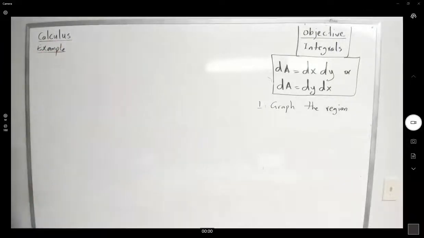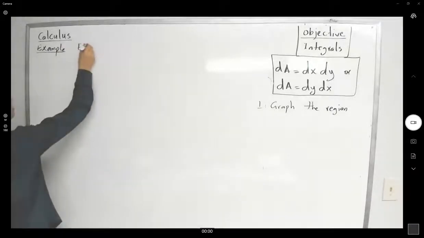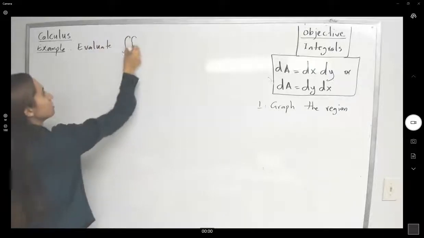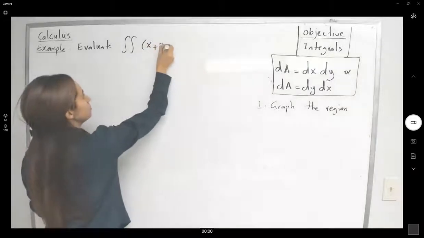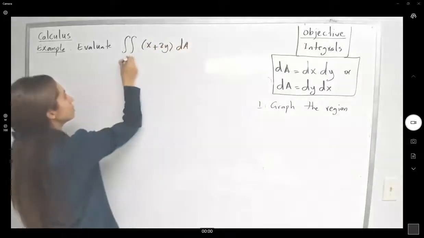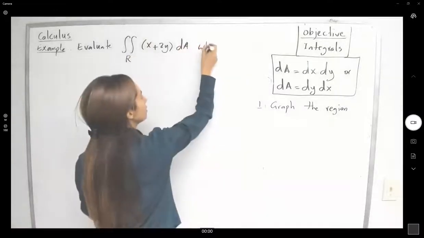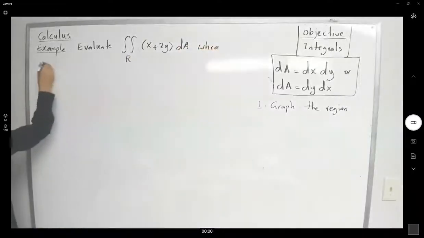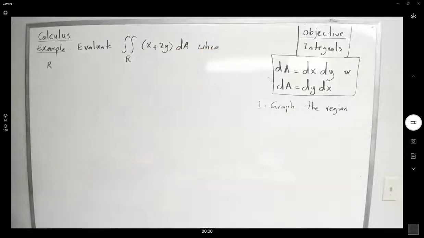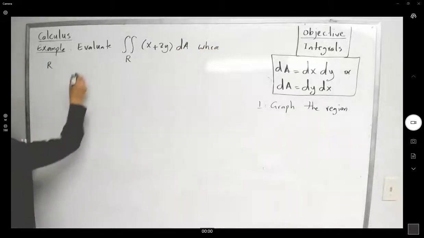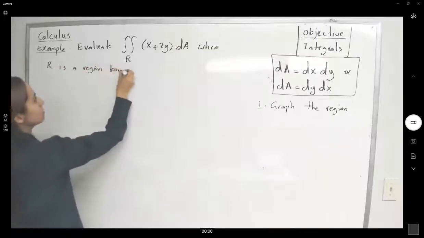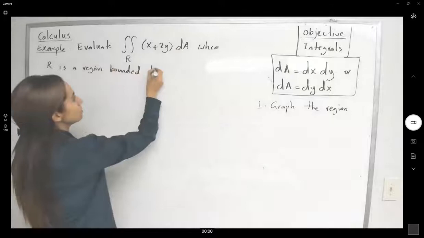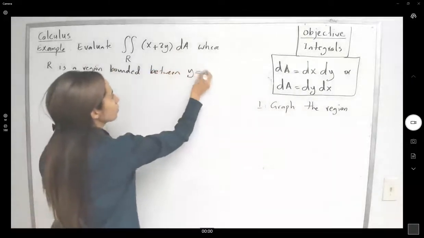This example says, well, evaluate the double integral of x plus 2y dA over region R, where R is a region bounded between these two functions.